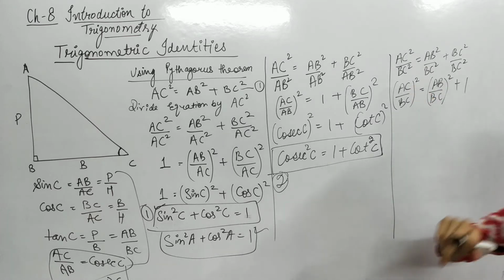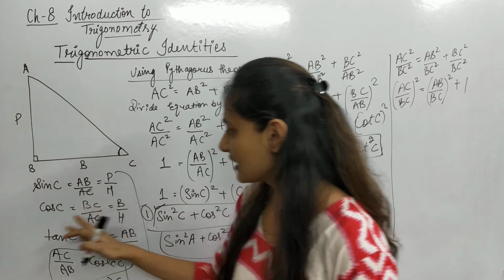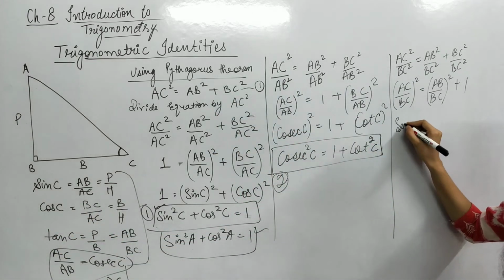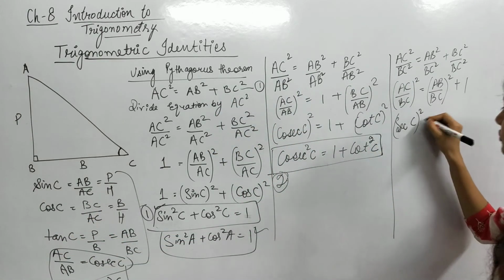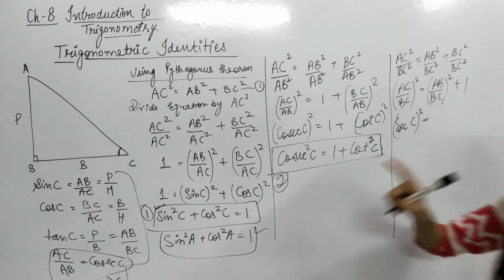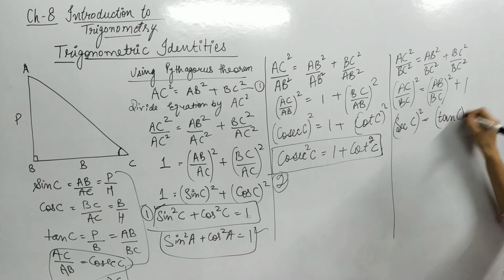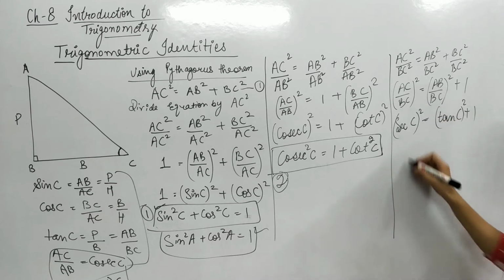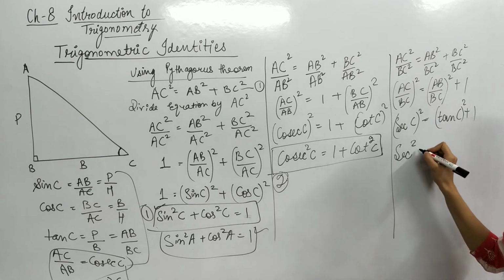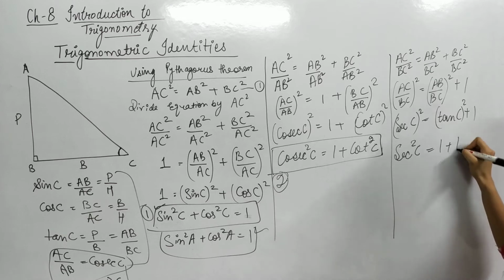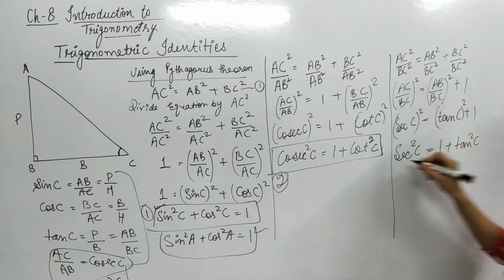AC upon BC gives you secant C, and AB upon BC will give you tan C. So we get the third identity, secant square C equal to 1 plus tan square C.